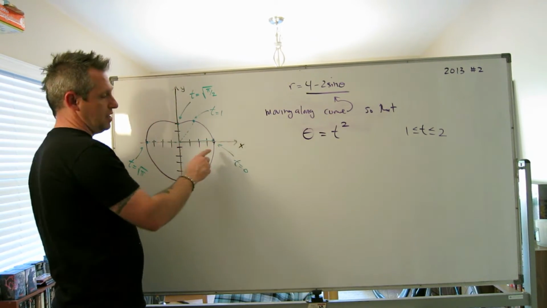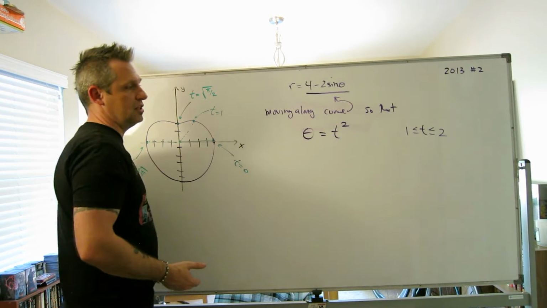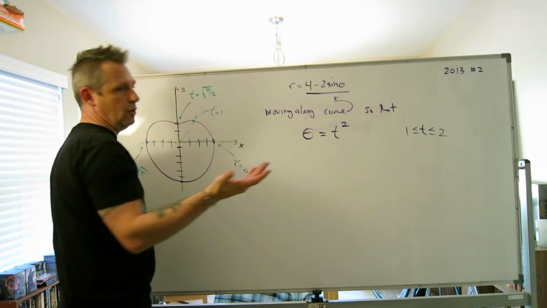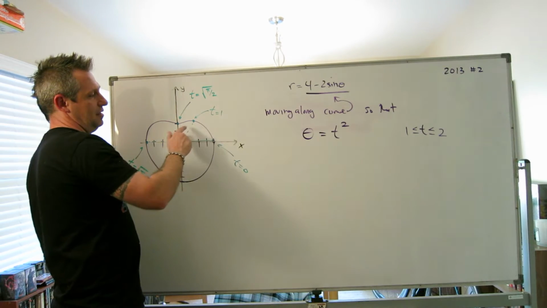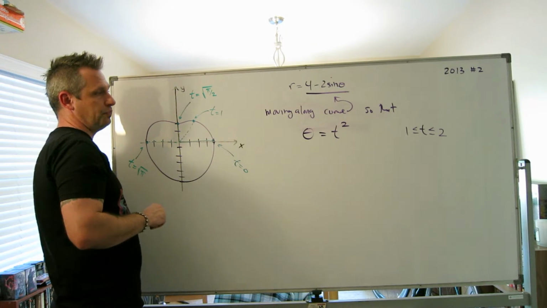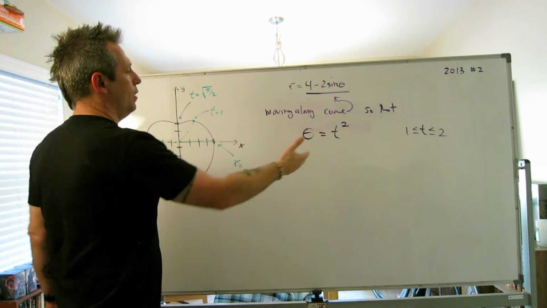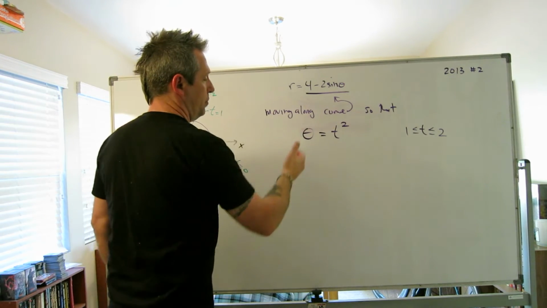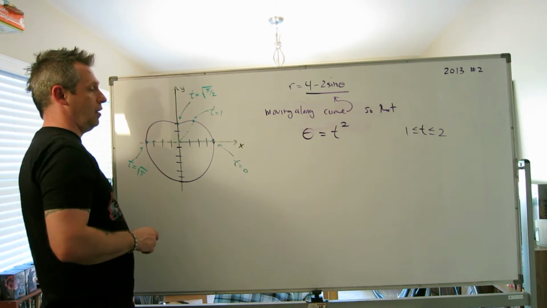At time 1, I'd get theta equals 1 squared, which is 1 radian, about 60 degrees, so that would put me right there. At time t equals the square root of pi over 2, theta would equal regular old pi over 2, which would put me there.